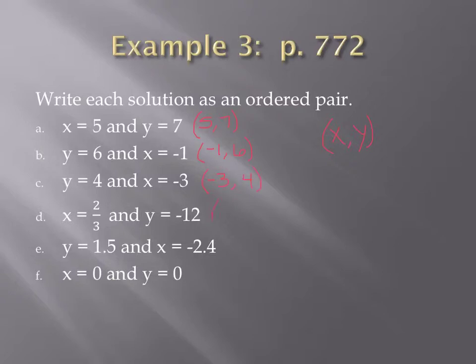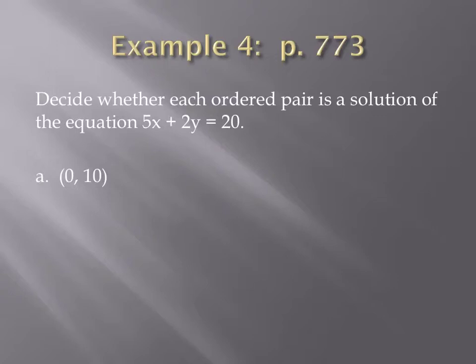D, x is 2/3 and y is -12. E, y is 1.5 and x is -2.4, so again we'll put x first, y second, and then F, x is 0 and y is 0. So the point 0, 0 represents the origin.